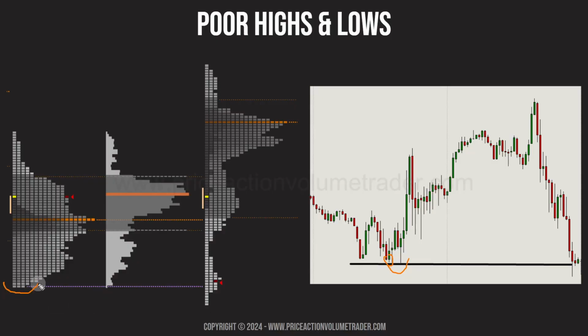So we had a very flat bottom here. There was no excess like we had on the top. On the bottom, the market just came down, did a flush, and then repaired these poor lows that we had right over here.